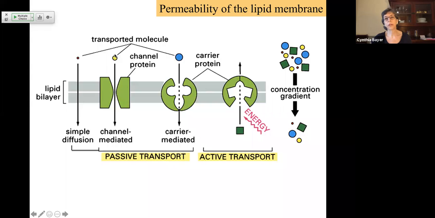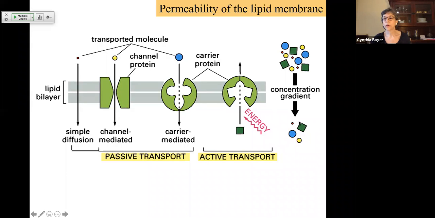If we look at the little yellow ball, it can move from one side to the other from high concentration to low concentration, but it can't go through the lipid bilayer, but it can pass through a channel protein. Right? Again, passive. If we're looking at our larger blue ball, let's say that's a glucose subunit, glucose ring, that can move from high concentration to low concentration by binding to specific regions of its carrier protein.